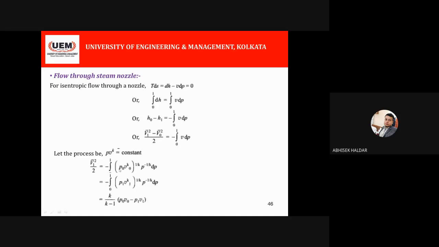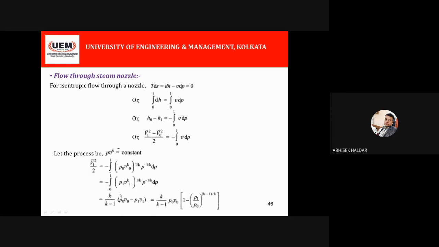Just by this, you have to convert many a time. P0 V0 to the power k, P1 V1 to the power k, and you have to integrate this P to the power minus 1 by k. Basically you integrate that, and after putting the limits you will get this simplified equation, k by k minus 1 times P0 V0 minus P1 V1.